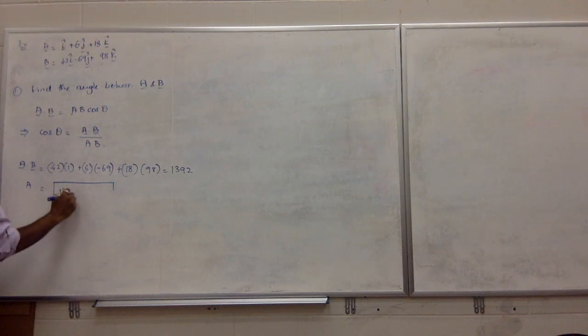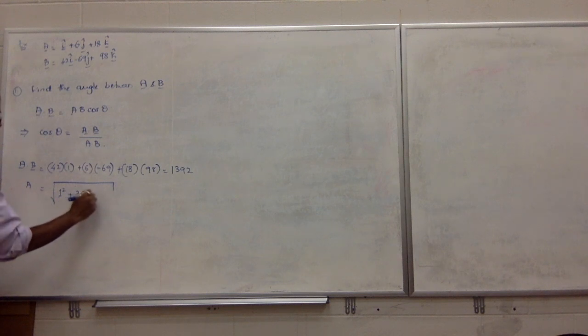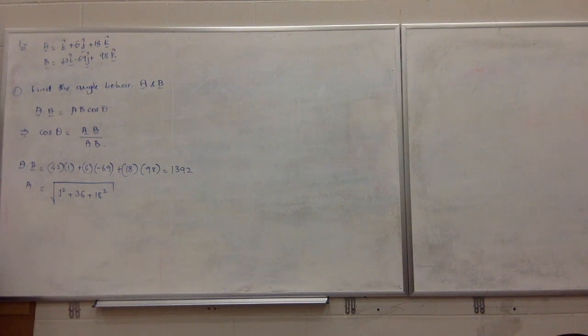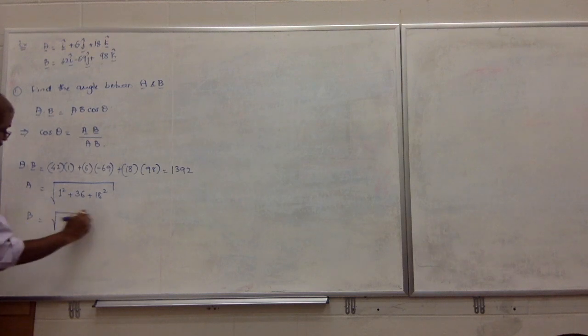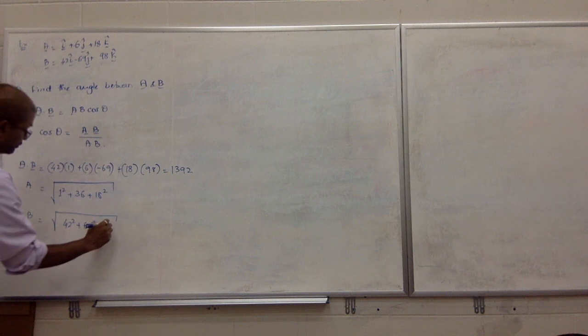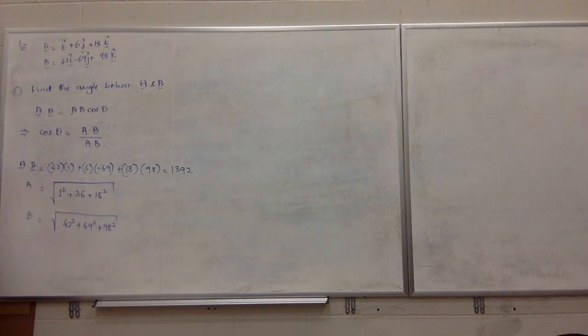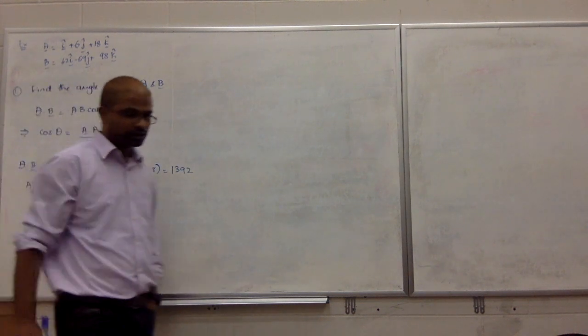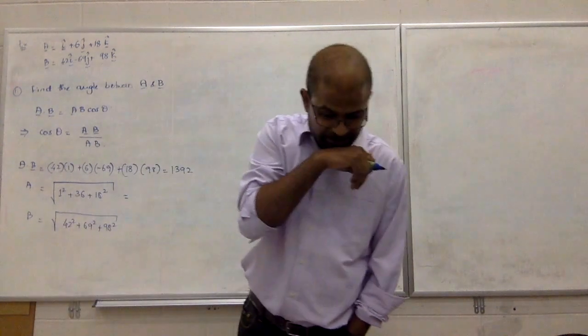One square plus 36, or 6 square plus 18 square. Right? And B is square root of 42 square plus 69 square plus, this is 19 and 1.